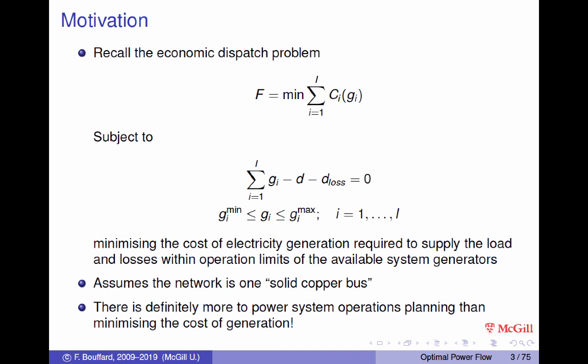So to make sure that this set of injections is actually feasible, we need to solve a power flow problem, and then if there are some violations that need to be addressed, they need to be addressed in a quote-unquote optimal way, and this would be solved using an optimal power flow problem. And also, there's quite a vast amount of information that we need to take into account.